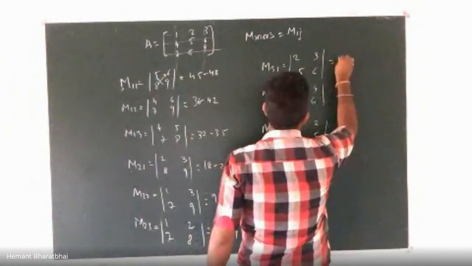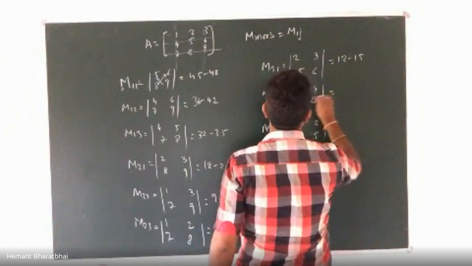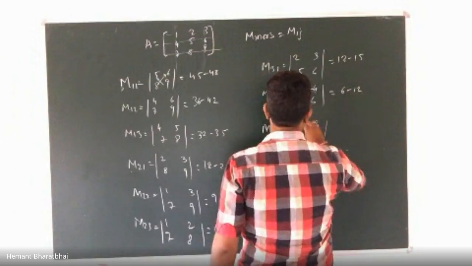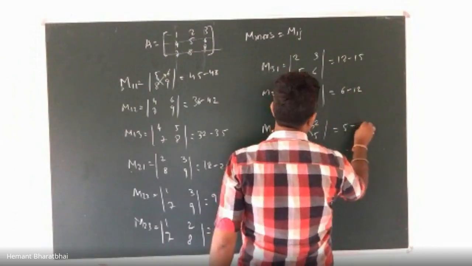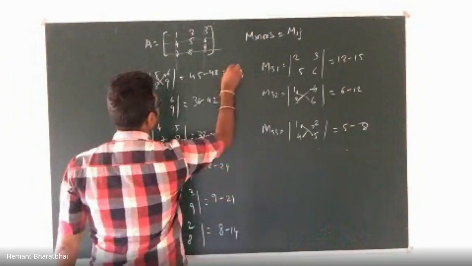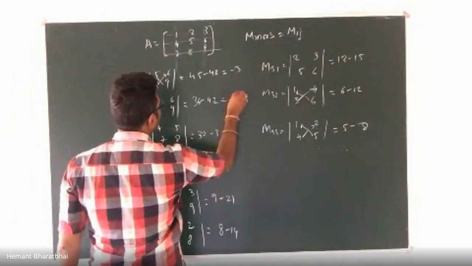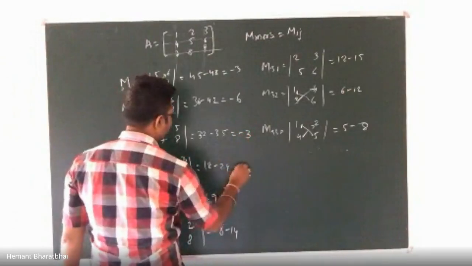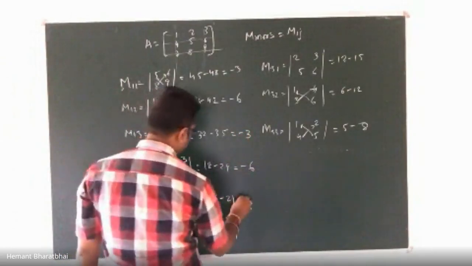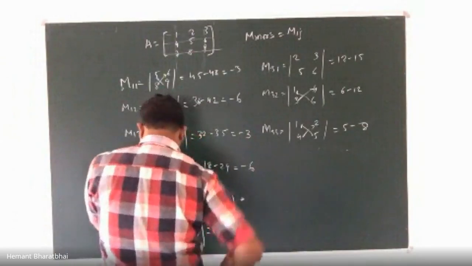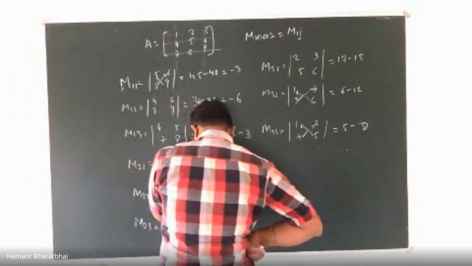In this case, 12 minus 14. In this case, 6 minus 12. And then 5 minus 8. You get minus 3, minus 6, minus 3, minus 6, and then 20 minus 11, 20 minus 9.